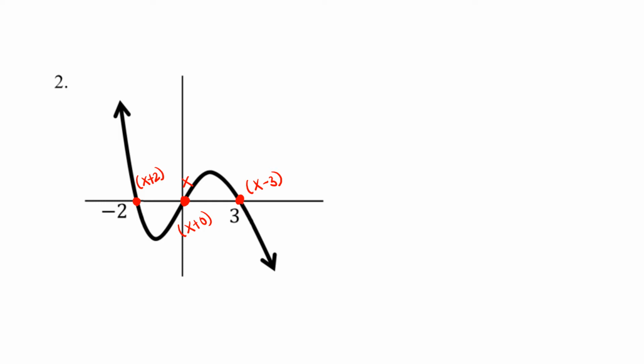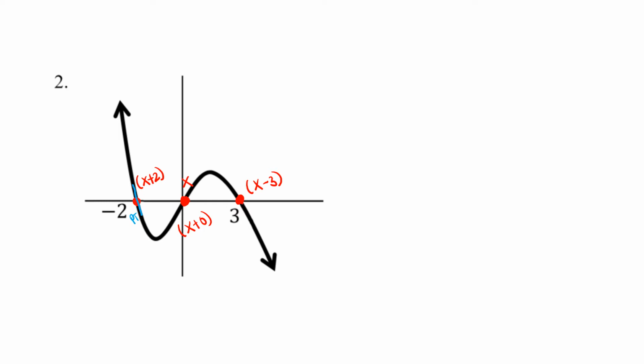The second thing that we look at for the x-intercepts is: is it passing through the x-axis or is it bouncing off of it? Right, so you look at it, at -2 we go from the top to the bottom passing through the x-axis, which means it's an odd exponent, so we can just leave it as a 1 there. When it's an odd exponent, just leave it as a 1, you don't even have to write the 1.